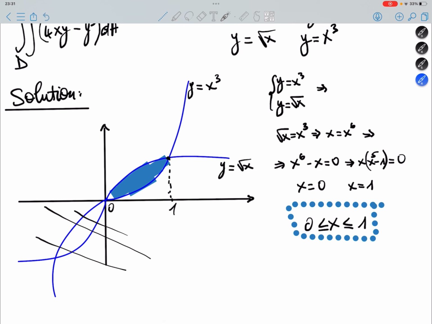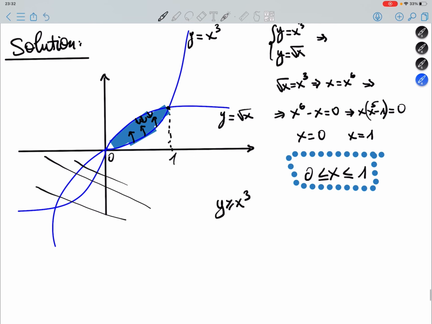Now for the y part, we have to consider this. We can say that y is greater than or equal to x cubed in this case. Now for the function y is equal to square root of x, we're considering this, so we have y less than or equal to square root of x.